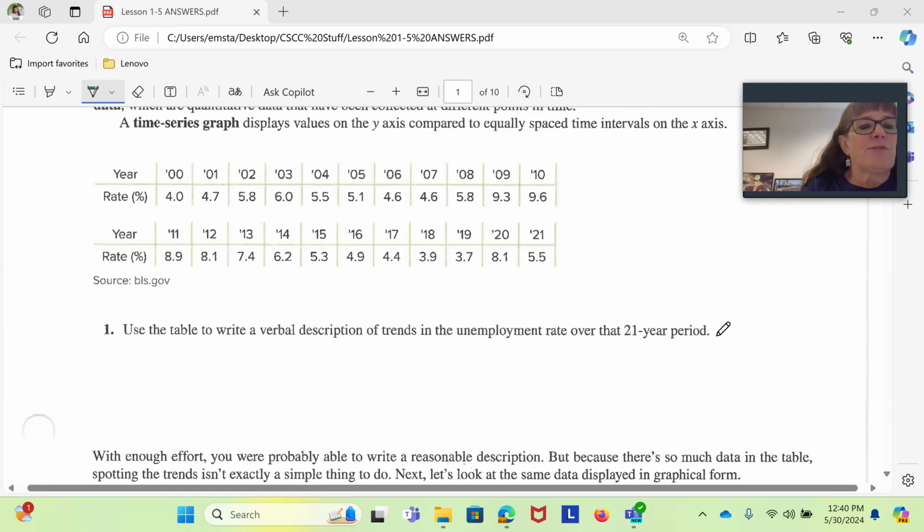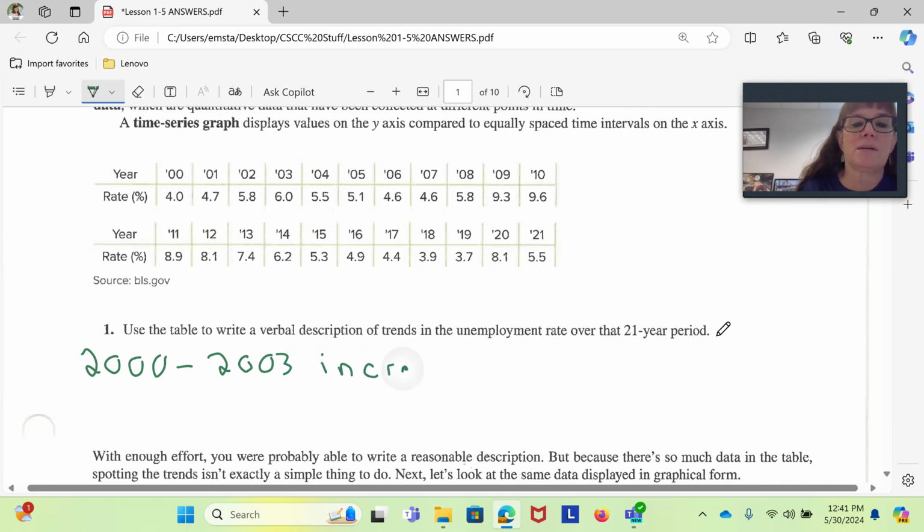So I'm going to say from 2000, I'm going to watch here because from 4 to 4.7, it's going up to 2003. It was increasing. It was getting bigger. Then in 2003, it starts dropping again.